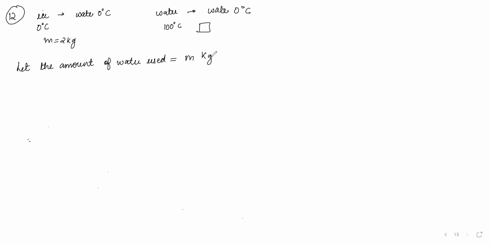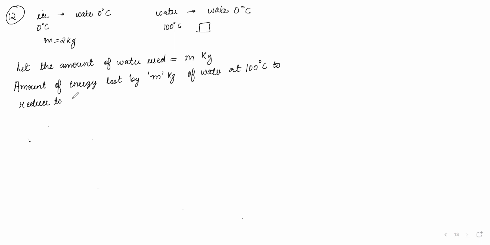Okay, so it is reducing. So write down amount of energy lost by water, m kg you can write, of water (100°C) to reduce to water at 0°C is equal to mc into delta T. So this is equal to m into c, c is 4.2.